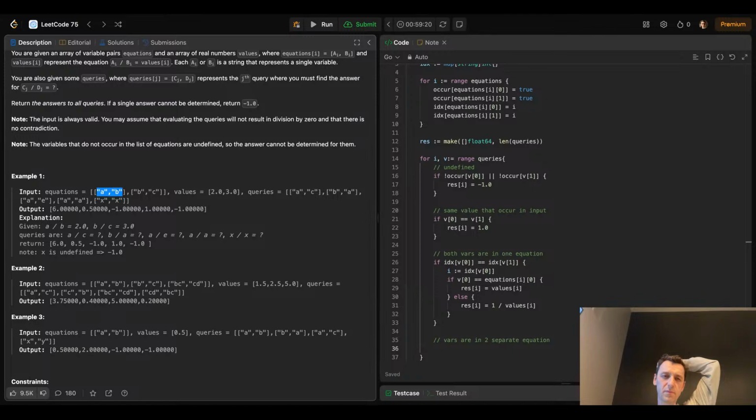And maybe the product of that connection value.